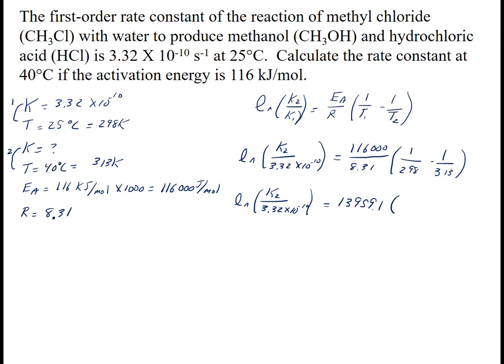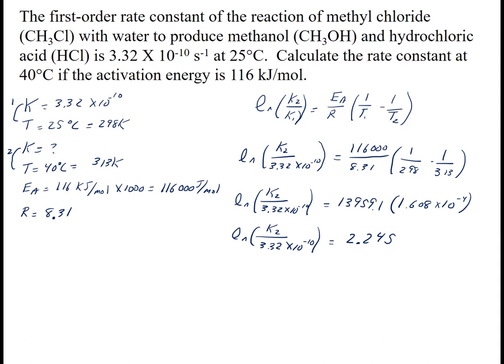When I do this parentheses of 1 divided by 298 minus 1 divided by 313, I get 1.608 times 10 to the minus 4th. Again, I can't do anything to this yet, so I'm going to leave it as is, K2 over 3.32 times 10 to the minus 10th. When I multiply these two figures together, I get 2.245.